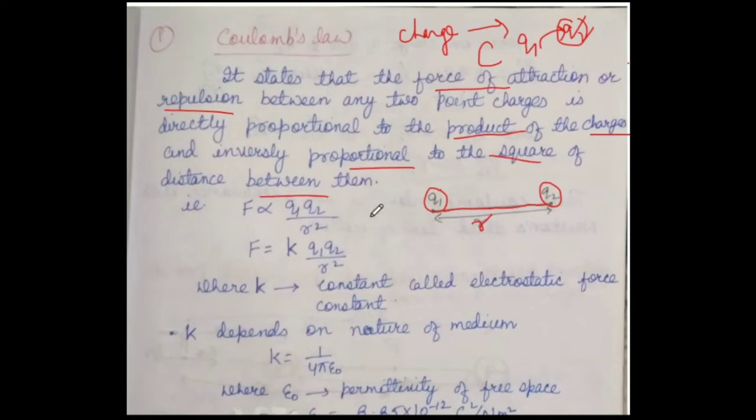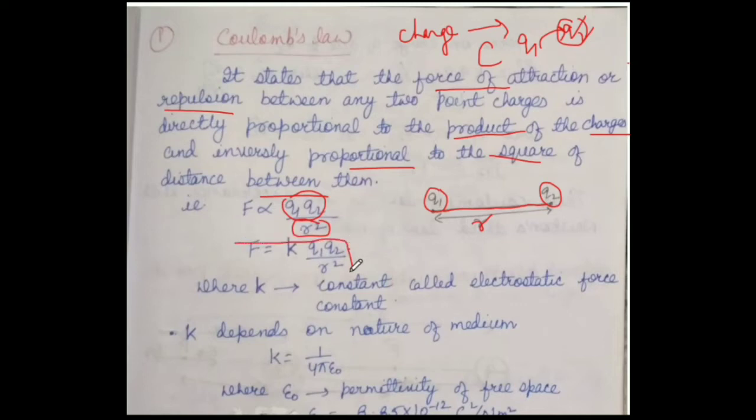It means the force is directly proportional to the product of charges Q1 into Q2 and inversely proportional to the square of the distance, R square. You remove this proportionality, you get F equal to K Q1 Q2 by R square, right?